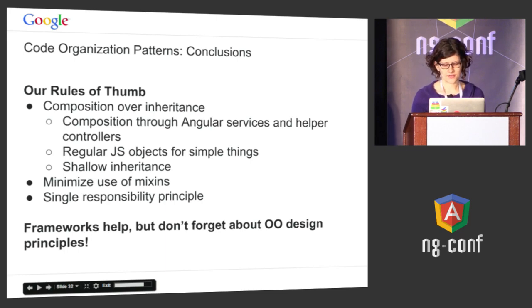Regular JavaScript objects for simple things, and we try to keep our inheritance fairly shallow. We try to minimize the use of mixins because they're just a little bit harder to find and locate. And we try to keep our code single responsibility. So, when we use a framework, it's easy to kind of let the framework do everything for you, but don't forget also about object-oriented design principles and keeping your code clean.